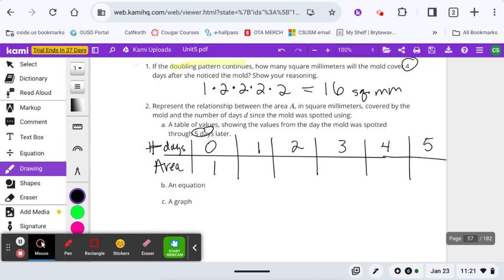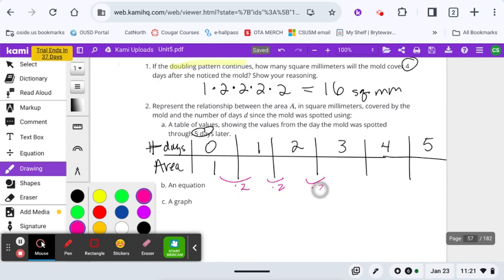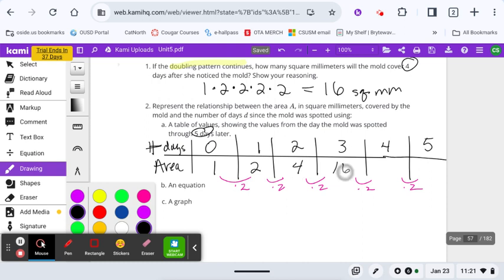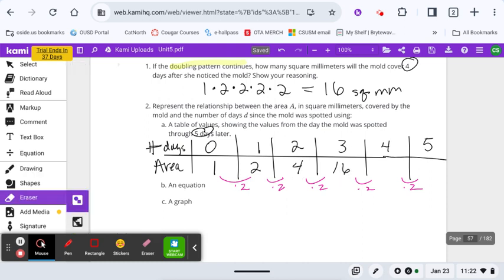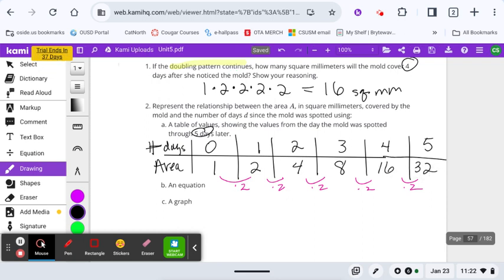We started with 1 square millimeter, and now we're doubling, so times 2 with every step repeatedly. So 1 times 2 is 2, 2 times 2 is 4, 4 times 2 is 8, 8 times 2 is 16, 16 times 2 is 32.